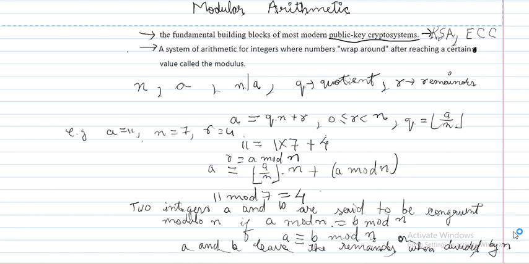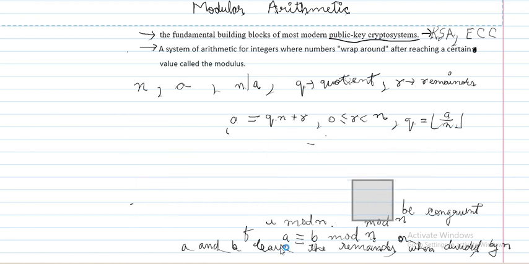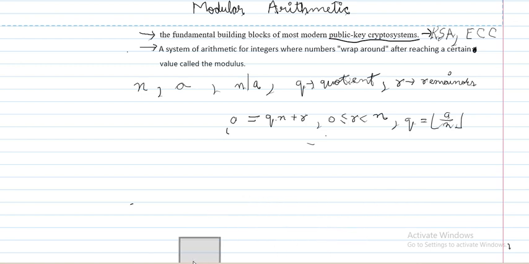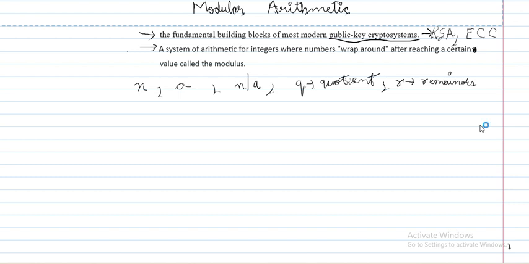For example, I can show you some examples here. Example 1: 17 mod 5 is equal to 2.